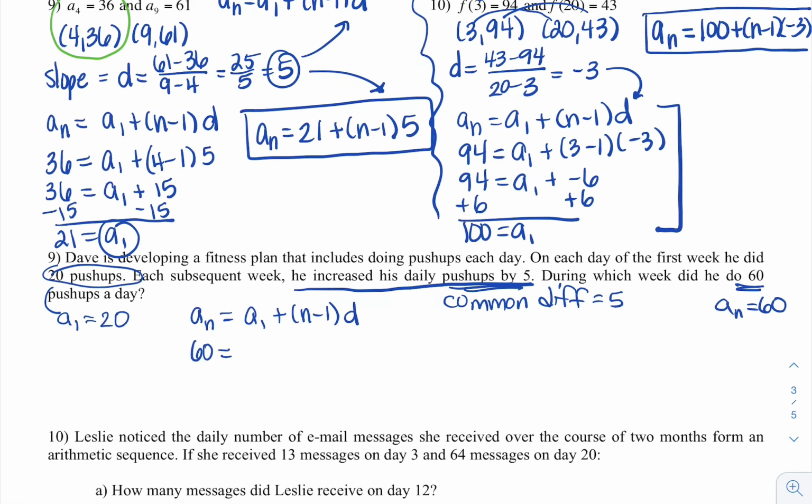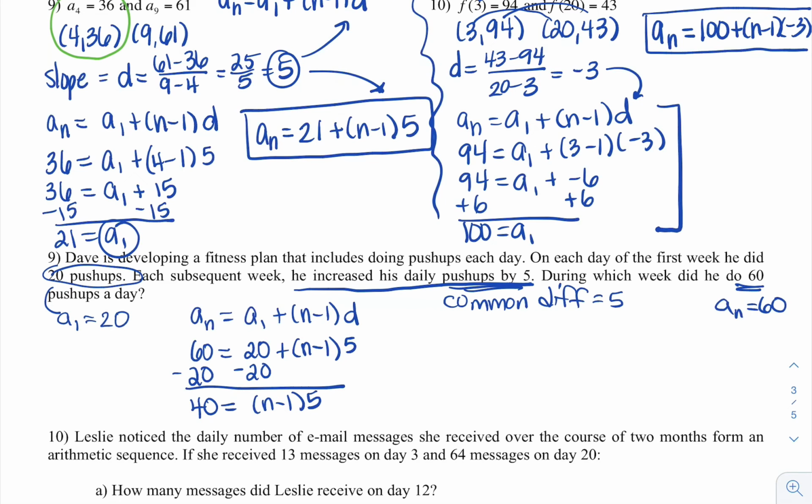So 60 is a sub n, a1 is equal to 20, n I don't know, common difference I was told is 5, and now I just solve this like a regular equation. Now normally you could distribute and combine like terms, but I'm just going to do something a little different today. I'm going to start by minusing the 20 from both sides. That gives me 40 equals n minus 1 times 5.